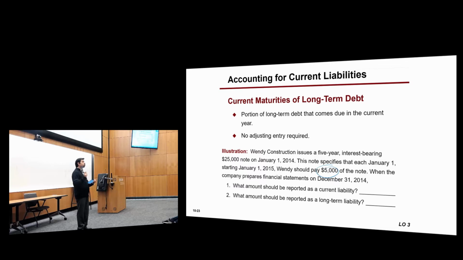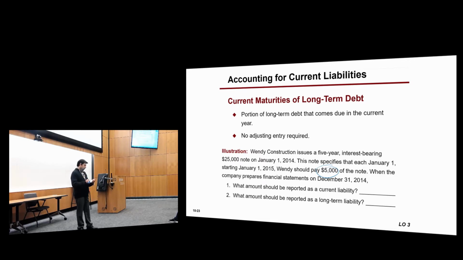This is a long-term note payable, right? Which is more or less like the mortgages. This is where you pay an installment, a monthly installment or a yearly installment. In this case, the note specifies the terms of payments.